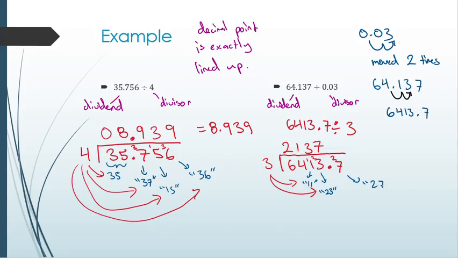This reads as 27 now. Let's make sure we put the decimal point in exactly there. And then how many 3's going to 27? It is 9 times exactly. So now my final answer is 2137.9. Okay? Write that very properly. There we go.